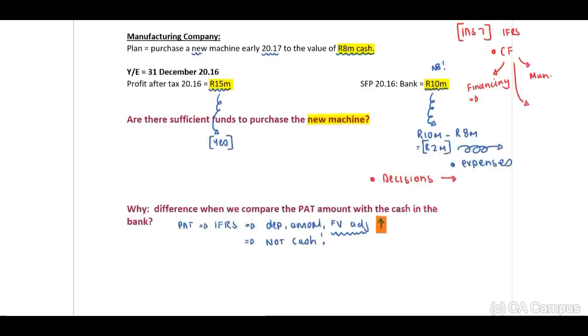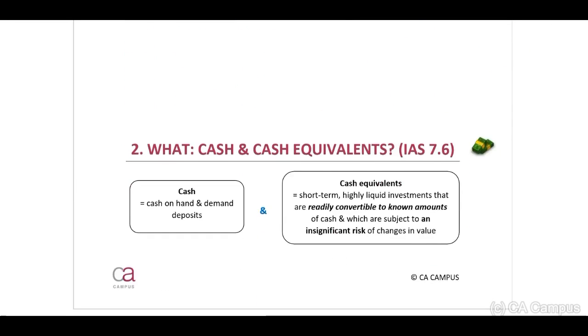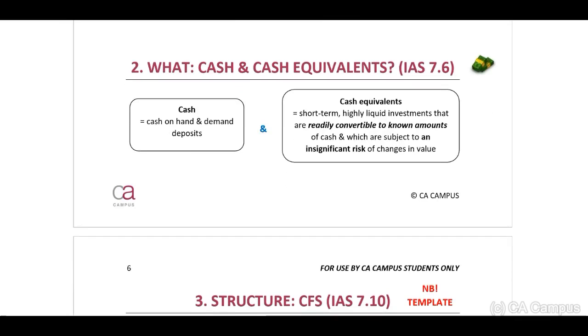Now, when we look at the cash and cash equivalents, what are they? You need to be able to identify that this will be cash on hand and demand deposits. Therefore, actual bank accounts as well as cash equivalents.